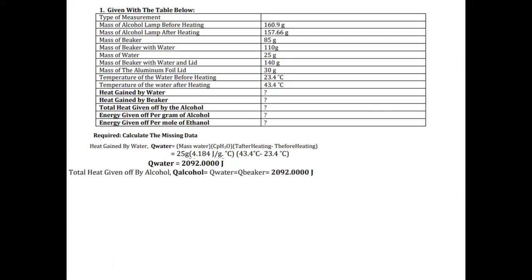Now, the total heat given off by the alcohol is equal to the heat gained by the water and the heat gained by the beaker, at 2092 joules. The second step is to determine the mass of alcohol.